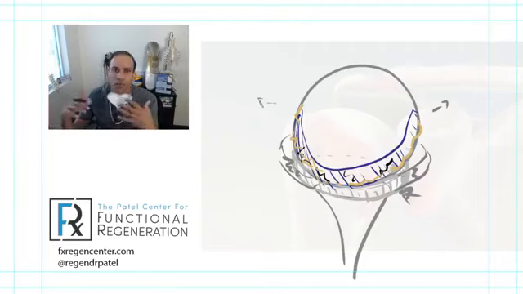I need to actually provide stability because the labrum and the ligaments and everything are not doing their job efficiently. So the bone will actually start to bulk up in order to try to provide more stability to the golf ball on the tee. And that is called a bone spur.